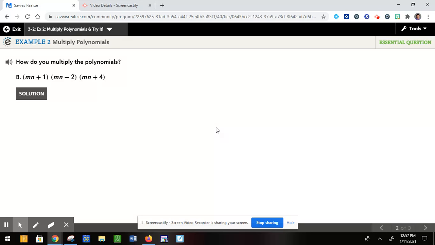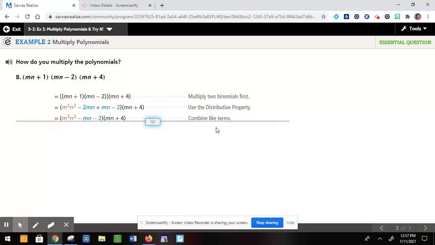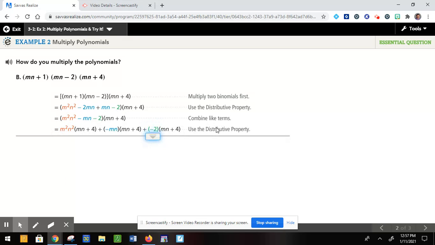like part A here. So looking at their solution, they chose the first 2 binomials, multiplied them together, they combined the like terms, they ended up with a trinomial there. Then, well, I actually find it easier to distribute the binomial into the trinomial. They're actually distributing the trinomial into the binomial.